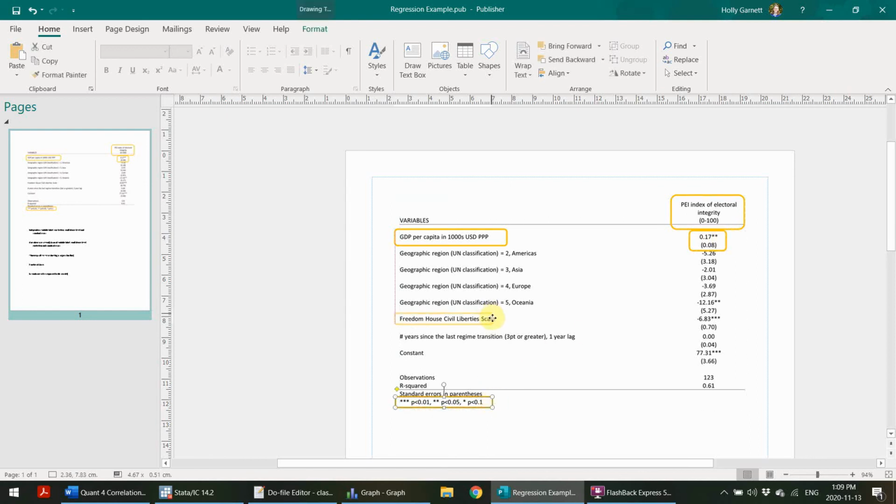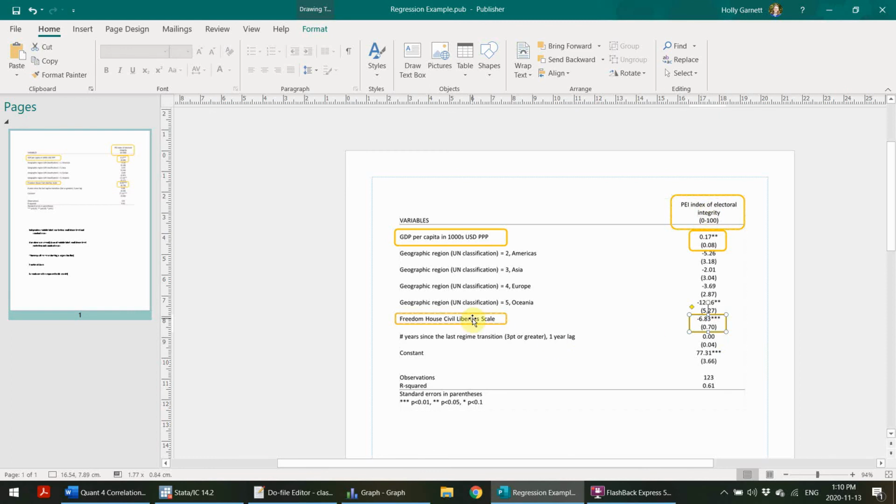Okay, so let's do another example. This is, let's say, the Freedom House Civil Liberties scale. We know that this is on a scale of 1 to 7. So each unit increase in Freedom House Civil Liberties results in, and remember, 1 is super free, 7 is not free, for each unit increase, about a 7 point decrease in our electoral integrity score, which makes sense, right?